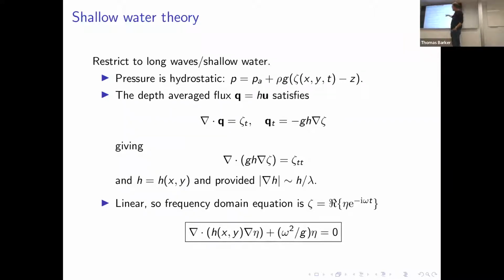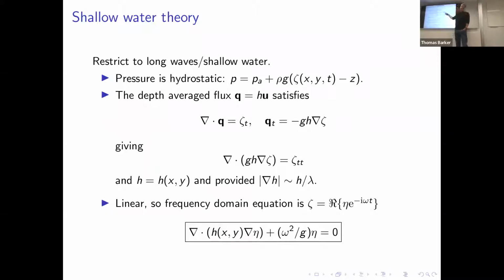And then these are my mass and momentum equations. So these are linearized under these situations. Q is the horizontal depth-averaged flux vector. So Q represents the transport of fluid in the two horizontal directions. And then I can eliminate between these two, and this is my linear shallow water equation.